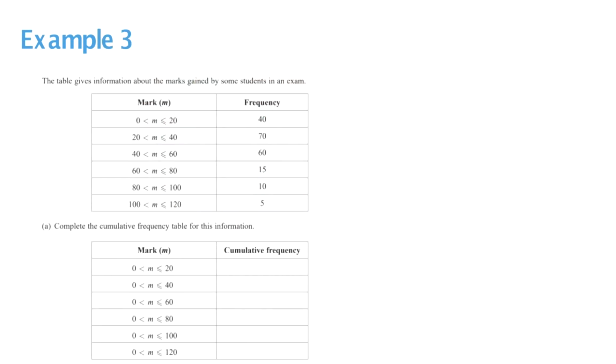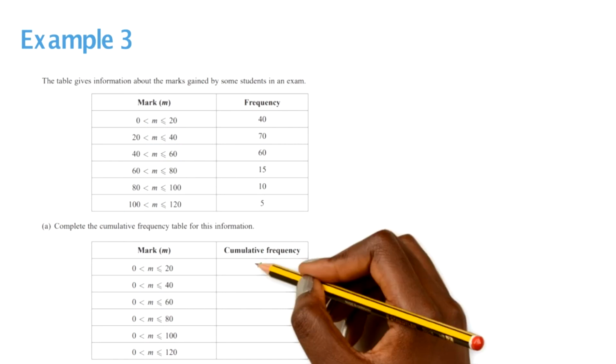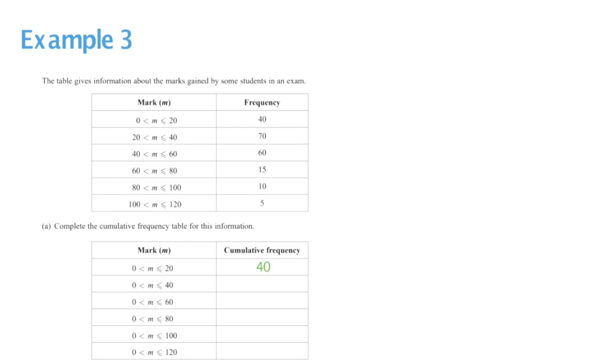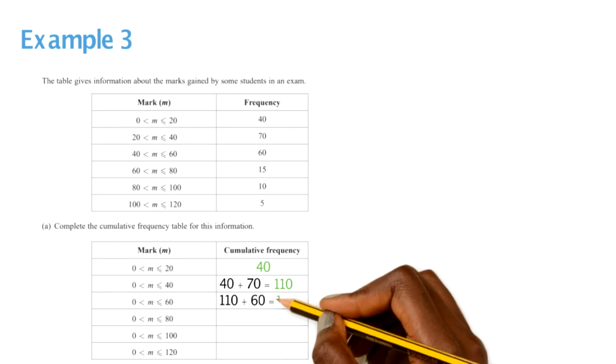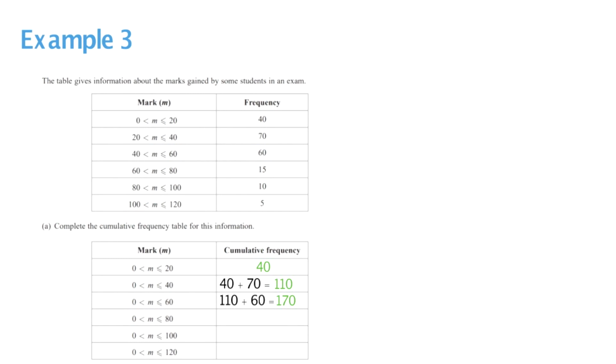Example 3. So in this scenario, we're working out cumulative frequency. So again, we're just going to be adding up the frequencies together. Notice with the first class interval, the first cumulative frequency is going to be the same as the frequency above because there's nothing else to add it on with. So it would just be 40, but then the rest would just be adding on.